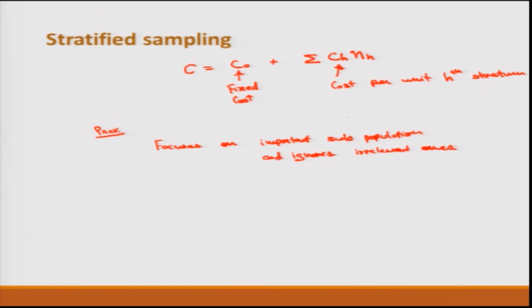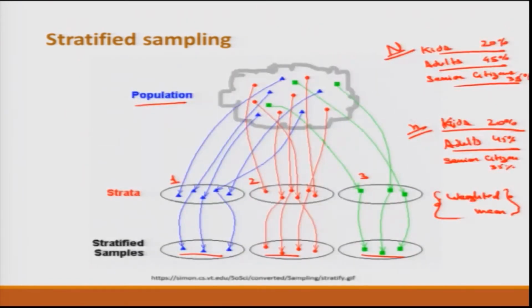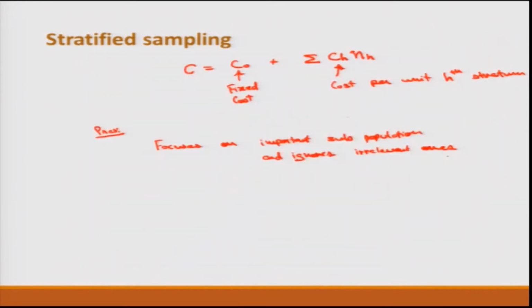In that case, this thing would not hold good. For example, if we are focusing on adults more, we will give more weight to adults here. So, it improves the efficiency of estimation.